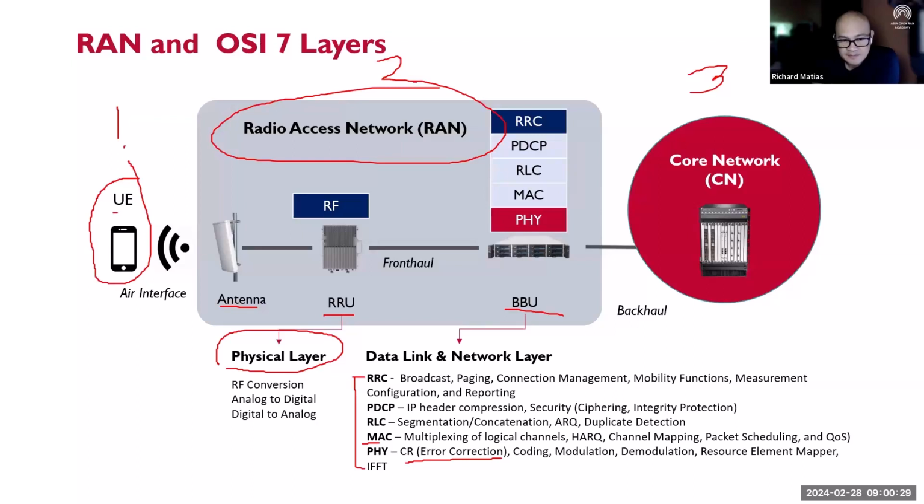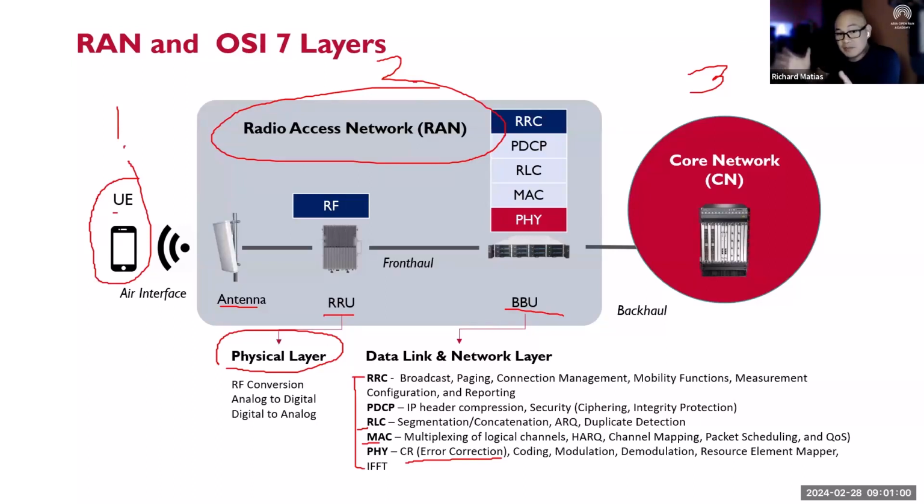The RLC, the radio link control, does segmentation and concatenation, and it can also detect if there's a duplicate transmission. Segmentation happens when there's a long trail of bits sent through the network; the system will cut a chunk of that transmission.